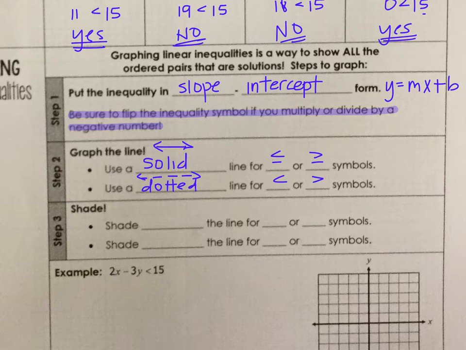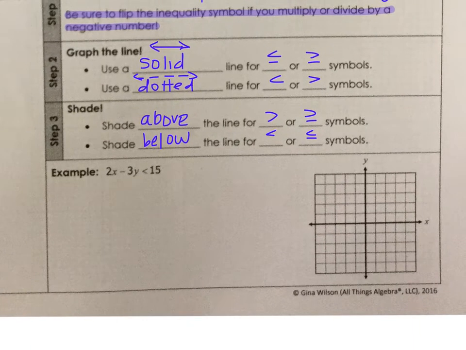And you will shade, and this will all make sense in a sec, but you need to write it down. Shade above the line for greater than or equal to, and shade below the line for less than or less than or equal to. Write step 2 and step 3 down. This is key.